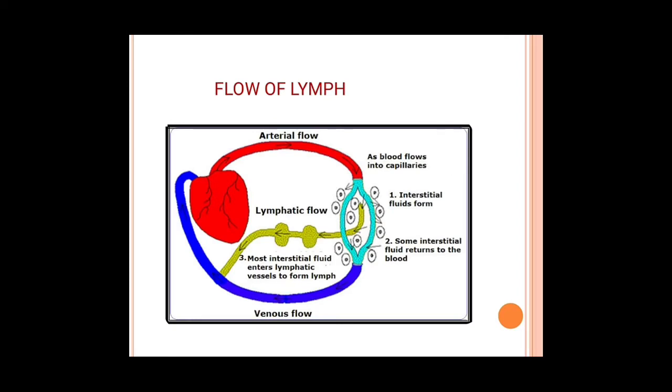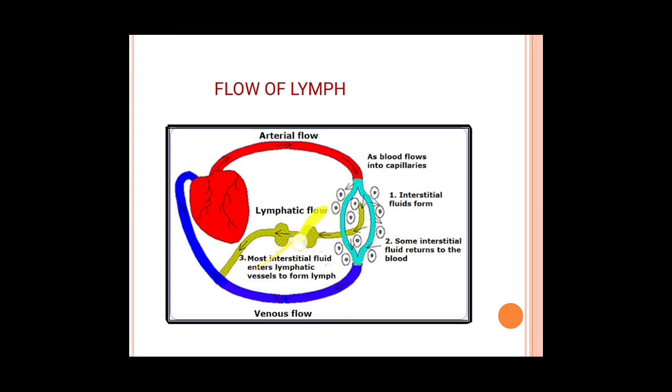Now this shows flow of lymph. The arteries are taking blood to the capillaries. You can see the capillaries which are shown by a light blue color, and the tissues are also near the capillaries. Fluid is coming out of the capillaries to the tissues, and from tissues this fluid is again entering into the lymphatic vessels.